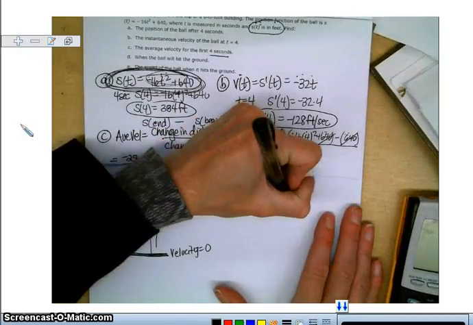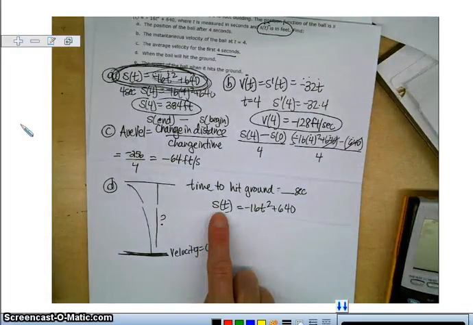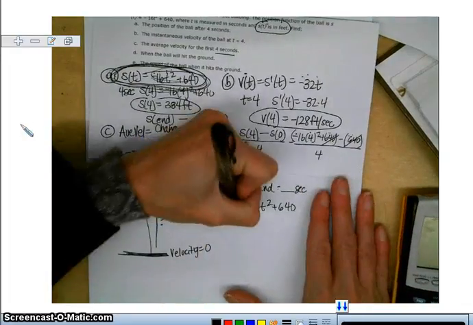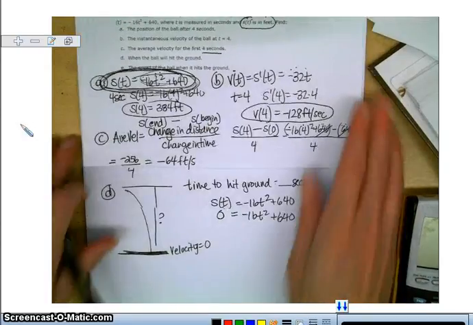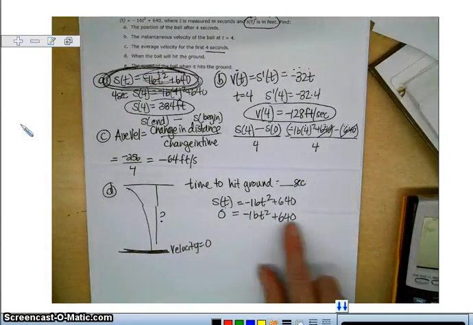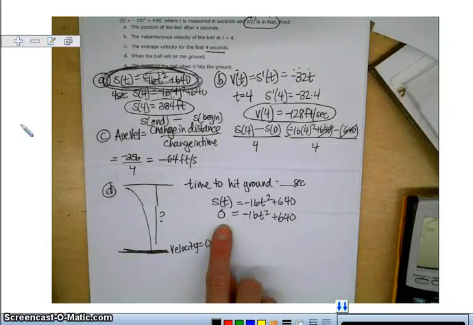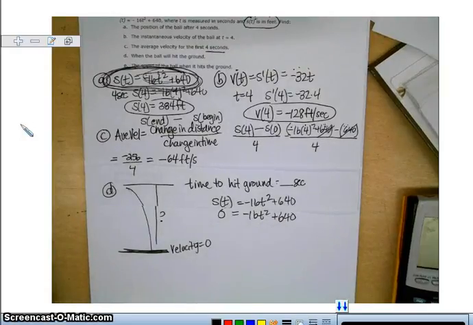What's its position when it hits the ground? 0. So couldn't I set the position function equal to 0? And then if I solve for the time, to go from 640 to 0? Yeah. The position when it hits the ground is 0. So I take the position function and set it equal to 0.